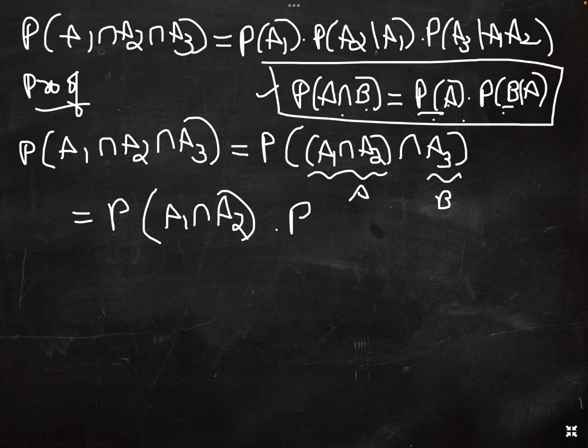So we get P of A1 into P of A2 given A1 into P of A3 given A1 intersection A2.